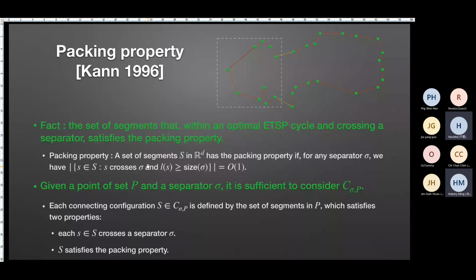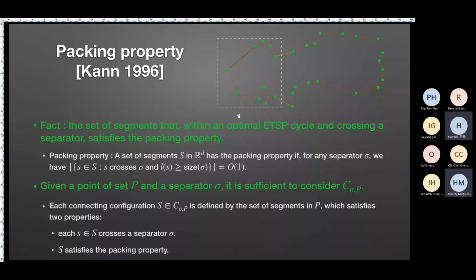So it is sufficient to consider those connecting configurations, or we can say a set of segments, satisfying this packing property. We can consider such a set of connecting configurations C sigma P, which is a set of connecting configurations satisfying the packing property, for each connecting configuration crossing the separator sigma.